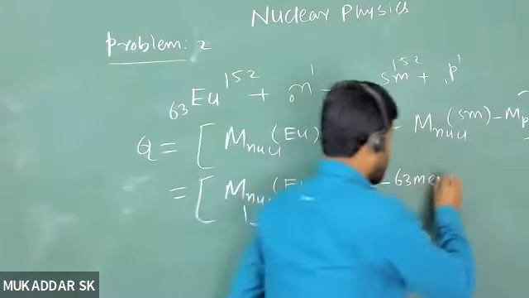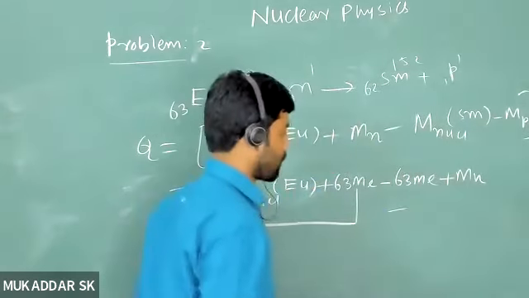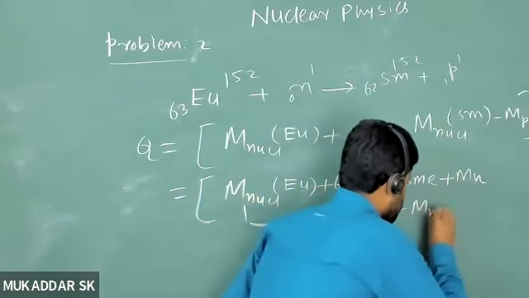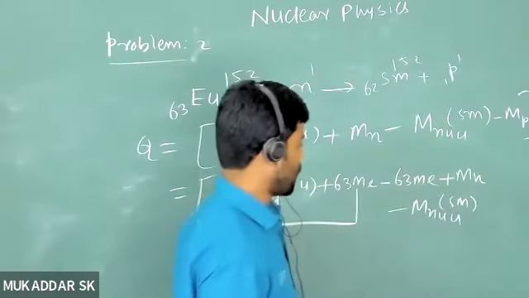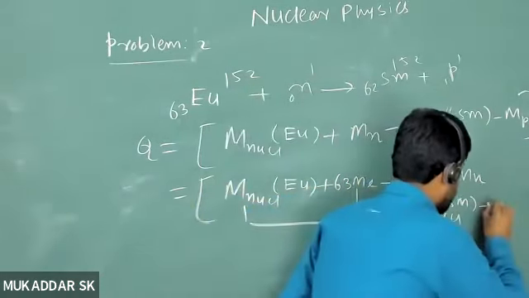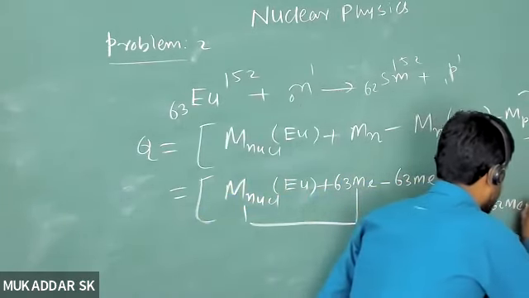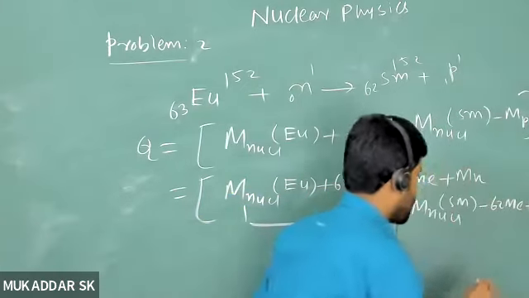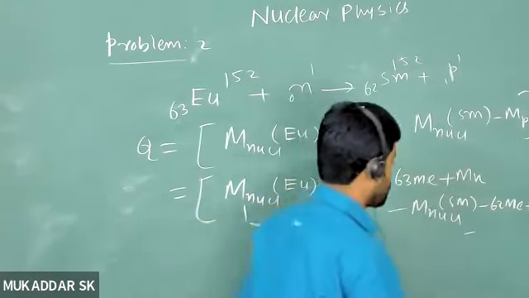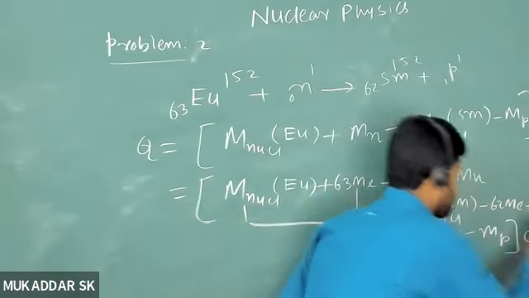Then you will have again the mass of a neutron minus the nuclear mass of Sm. Now see here, I'll subtract 62 times the mass of an electron. I have to add 62 times the mass of an electron, and then you have the mass of a proton, and of course it will be c square.